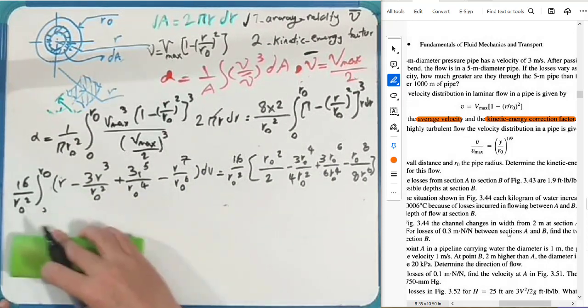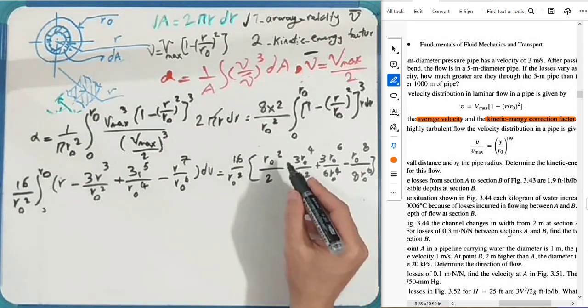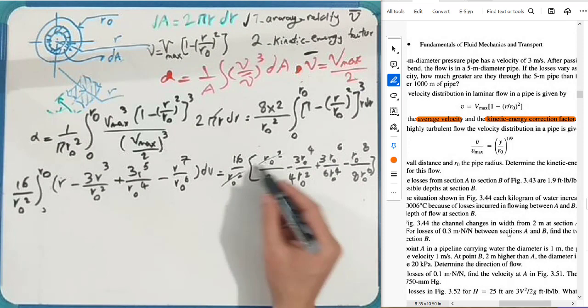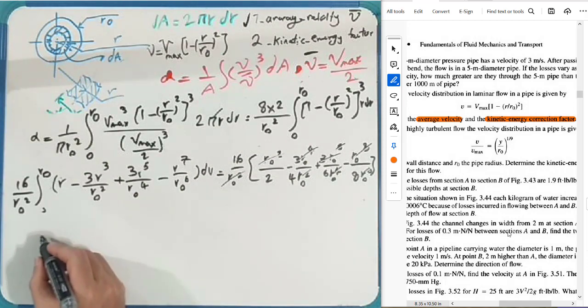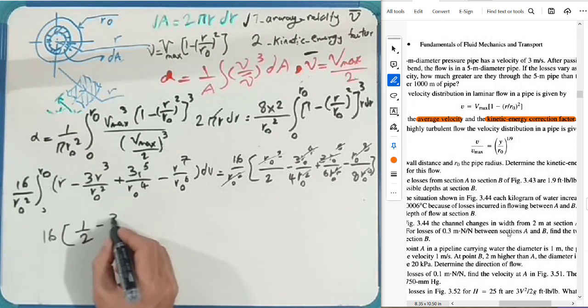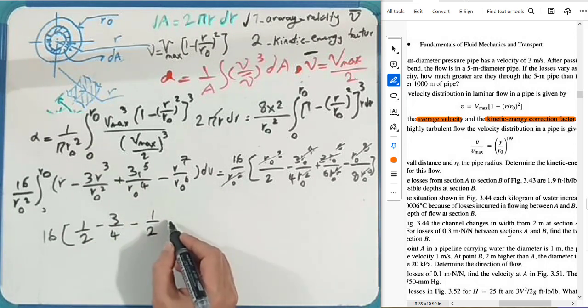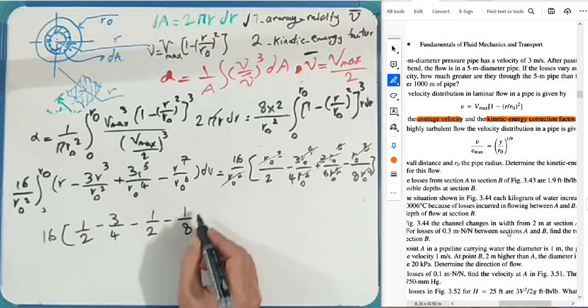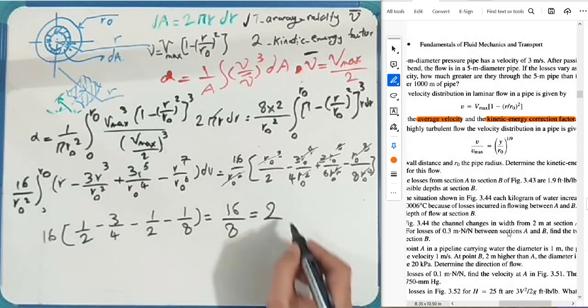Okay, and I don't need this relationship anymore. And okay, it would be R0² with this one. All of these R's will be eliminated. Okay, the answer will be 16 times (1/2 minus 3/4 plus 1/2 minus 1/8), which equals 2.